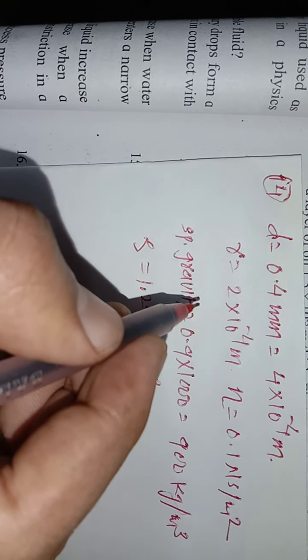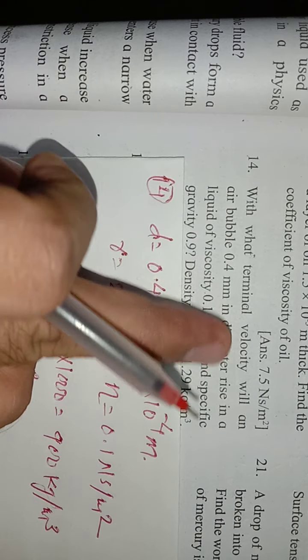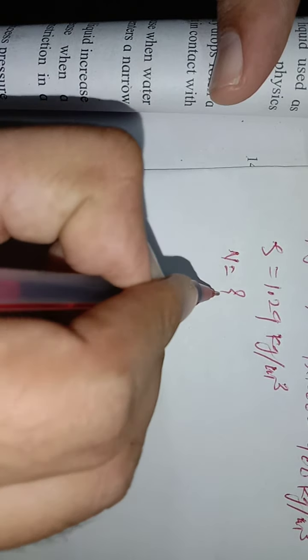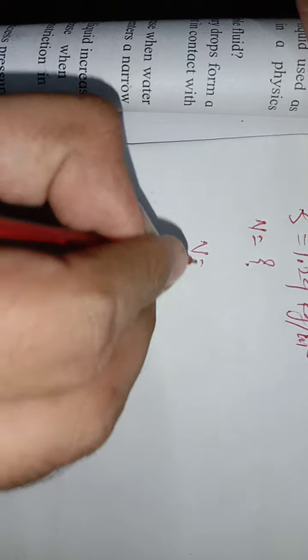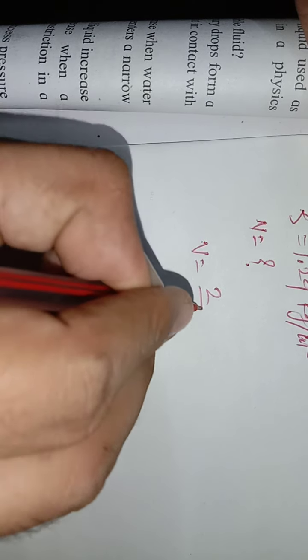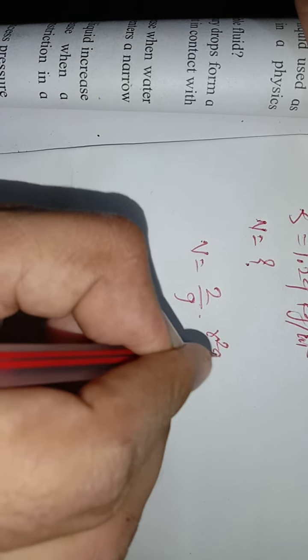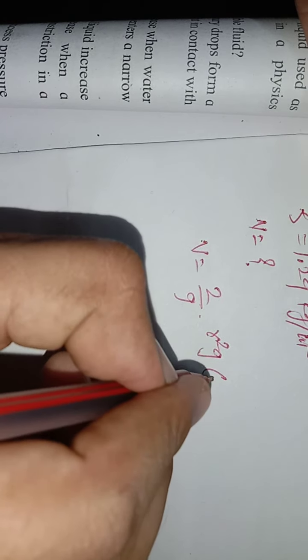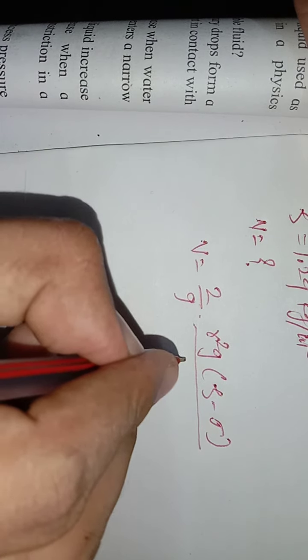For that we have to find the terminal velocity. So calculate the terminal velocity, phi is equal to question mark. For terminal velocity we already know the formula. V is equal to 2 by 9 into r square g in bracket rho minus sigma divided by eta.